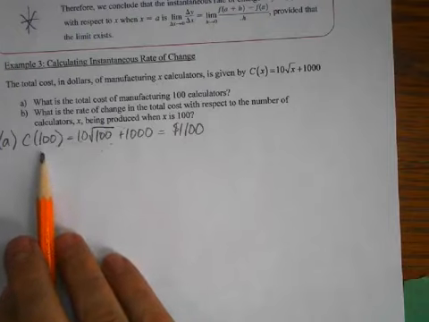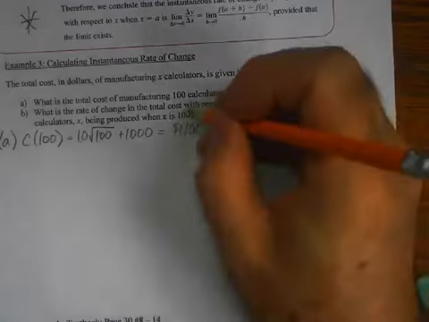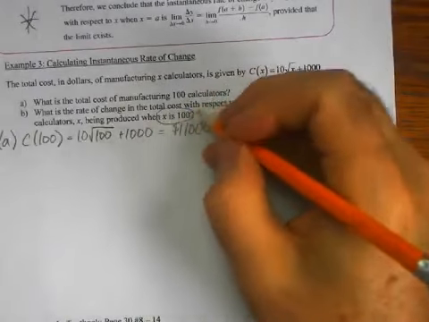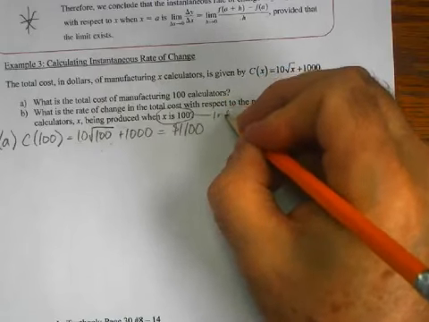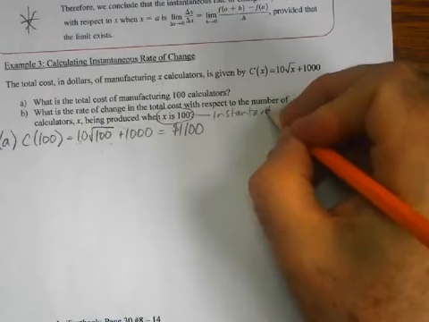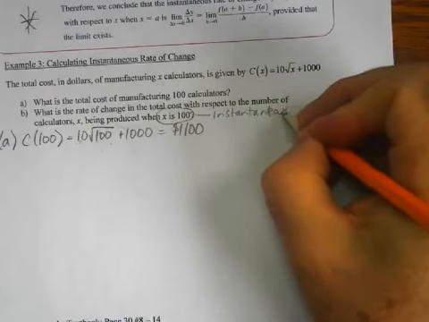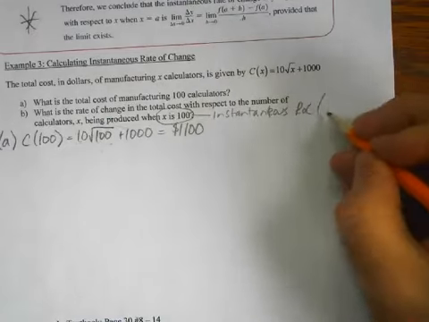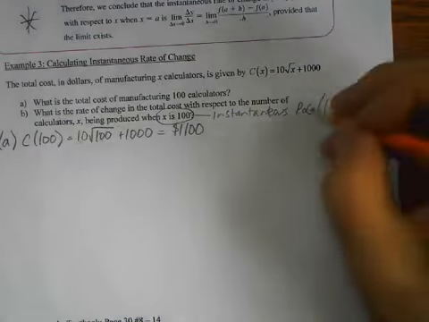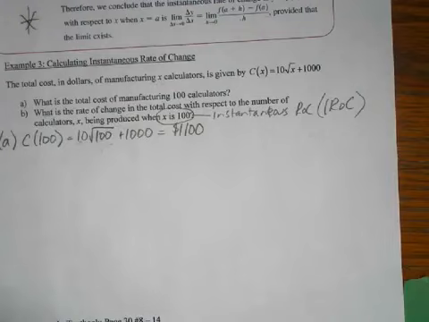That's the fact that we're only looking at one value and not a range of values. This is instantaneous rate of change, or as I referred to earlier, IROC. And the other one would be AROC because it's average instead of instantaneous.